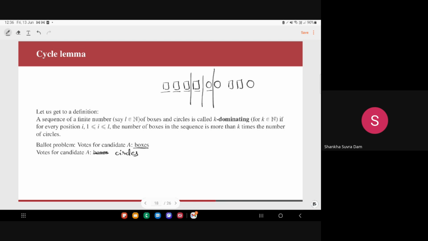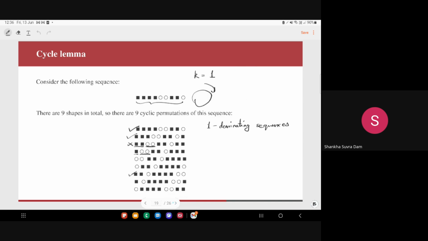It's of course 4 is always greater than 1. 4 is always greater than 2. 5 is greater than 2. 6 is greater than 2. 6 is greater than 3. Okay? So now the 1 dominating sequences can only be these three, right? Is the thing clear for the one who was asking the definition?